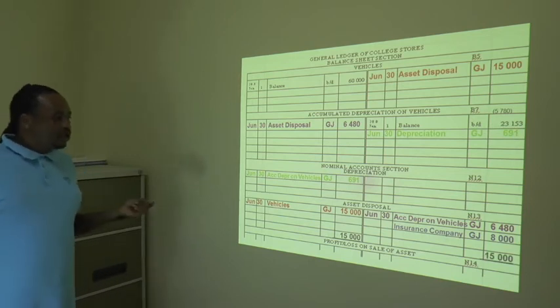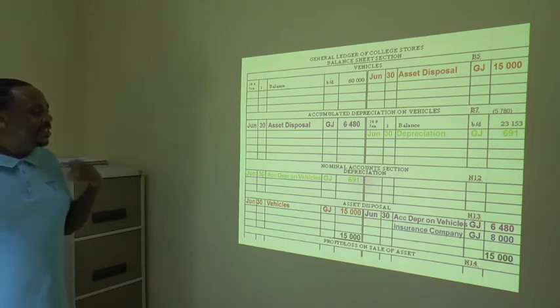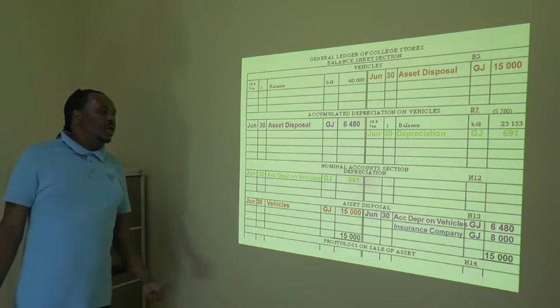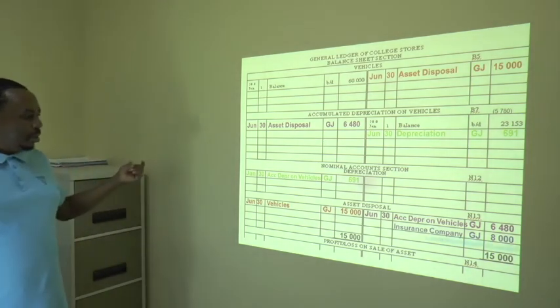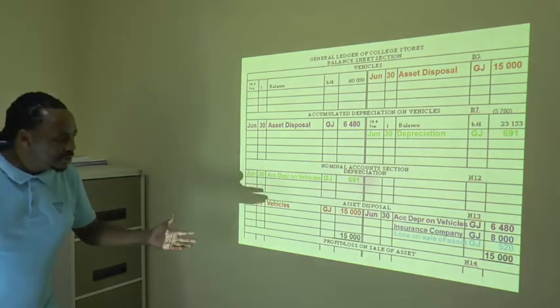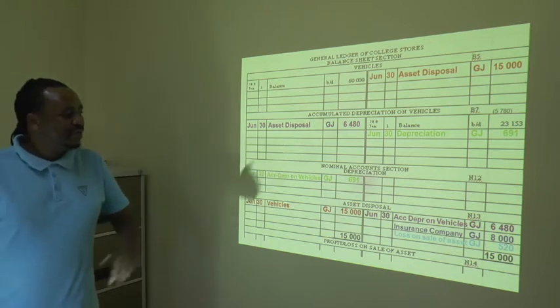So the fourth account that we affected is: was this asset disposed of at a profit or loss? Is it a profit on sale or a loss on sale of an asset in the asset disposal? So this asset was disposed of at a loss. That is why there's a loss on sale of an asset.